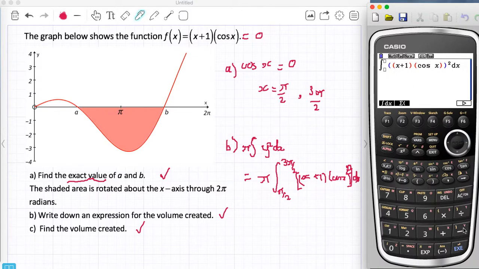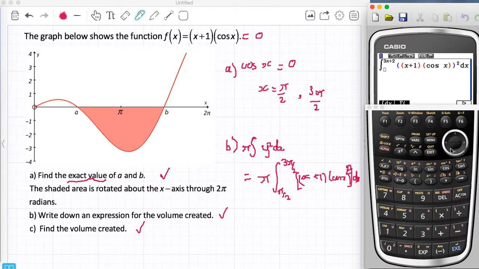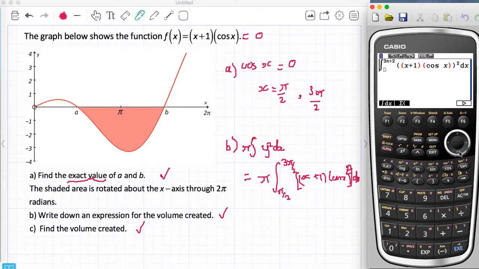Just click along here, and this needs to be 3 pi divided by 2. And I'm going to put in the pi over 2 down the bottom here. Okay, pi over 2.